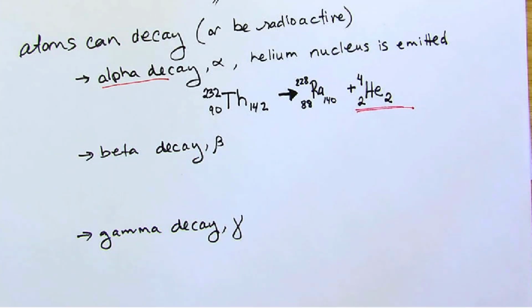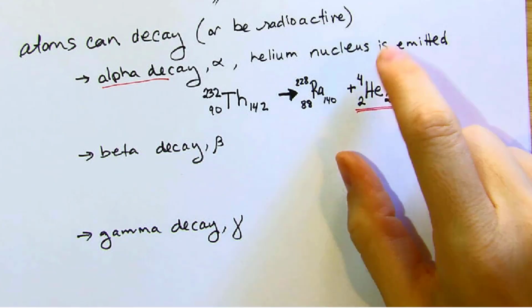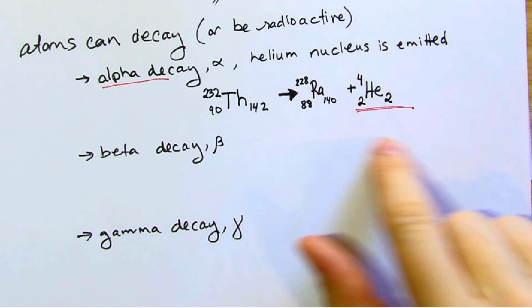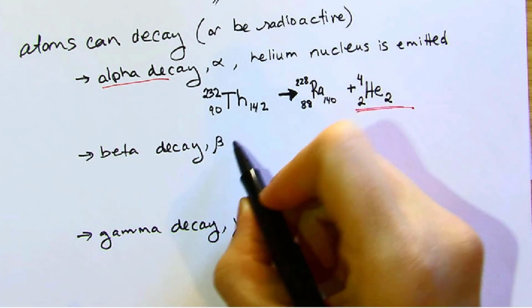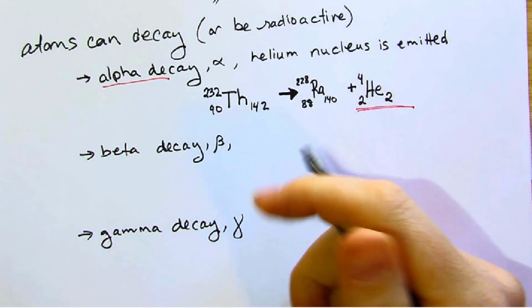Beta decay basically means that it's going to give off an electron instead of a helium nucleus. It's going to give off an electron. And it's going to do that because one of the neutrons is just going to fail.